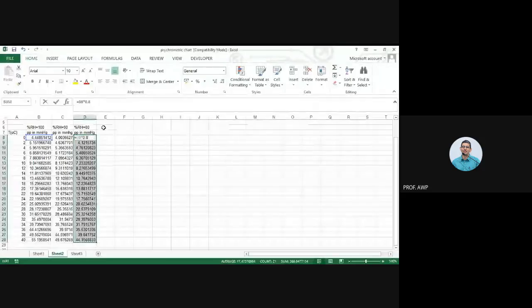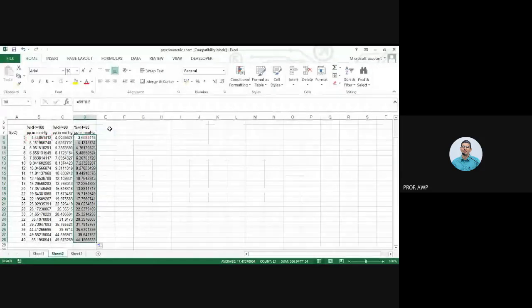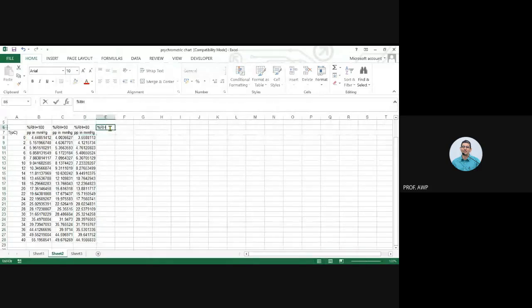Has everybody got up to here? Let's say we now want percent RH equal to 50, 30, and 10. We'll just do some values, not all the values.